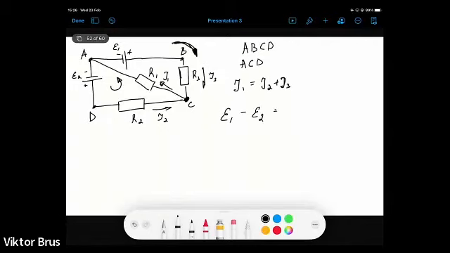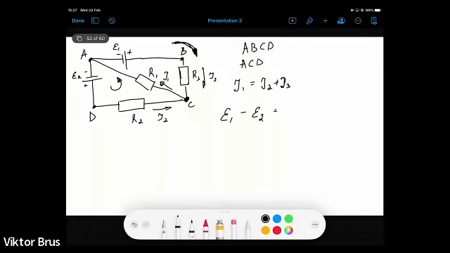So that is the left side of the equation with electromotive forces, and we also need the potential drops over resistors. Which resistors do we have in this loop? We have resistors R3 and R2.